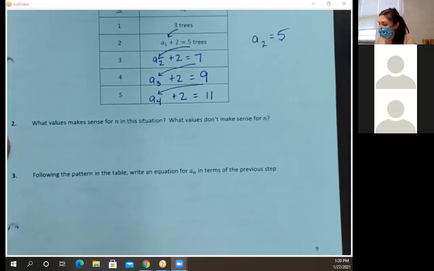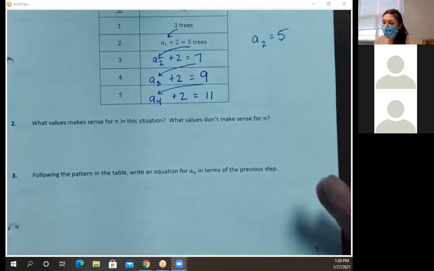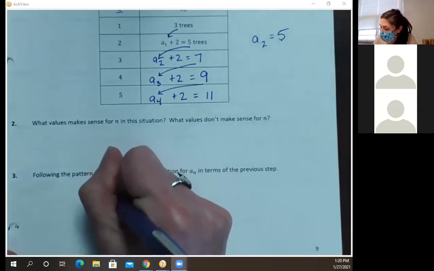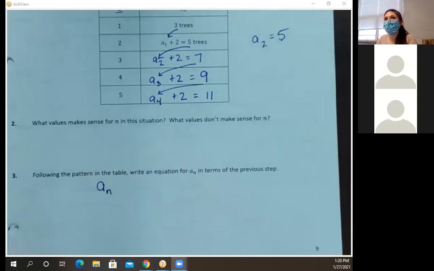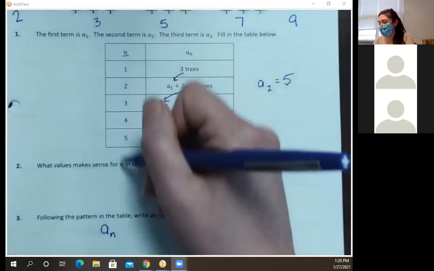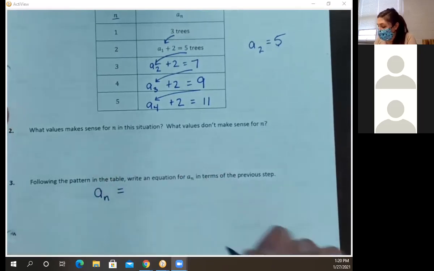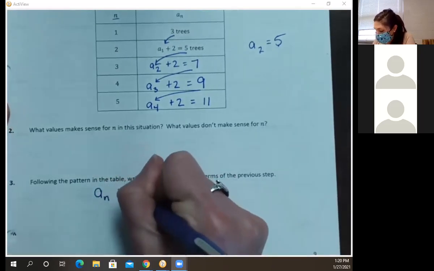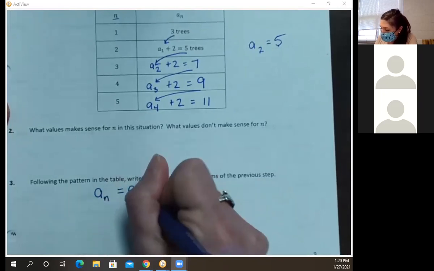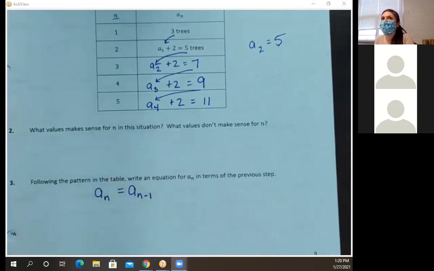If I wanted to write an equation or a formula, we could call it, to represent this arithmetic sequence, I could say that for any term in my sequence, so we'll call that a sub n, whichever one I wanted, I could take the one right before it. So if this is a sub n that I want, let's do the one right before it. That would be n minus 1.